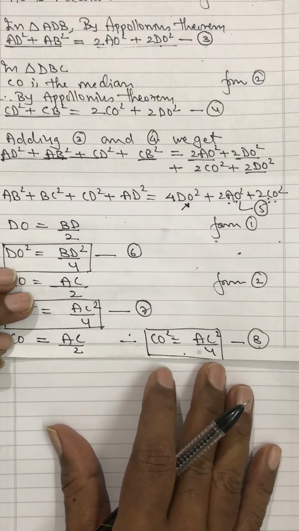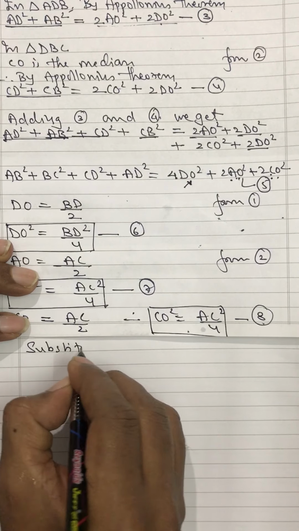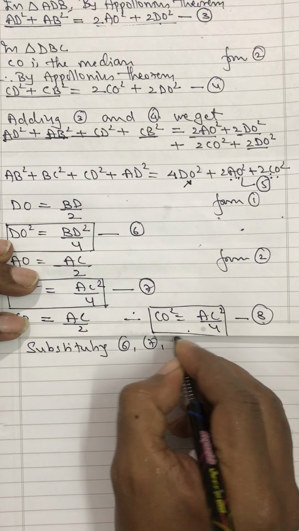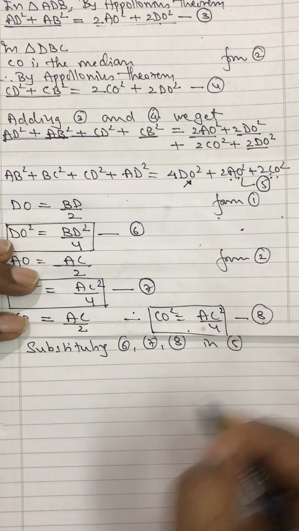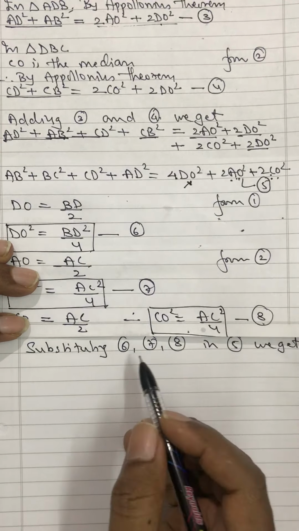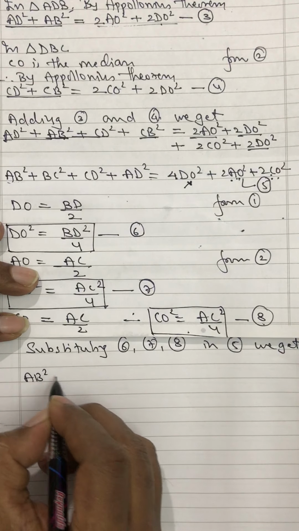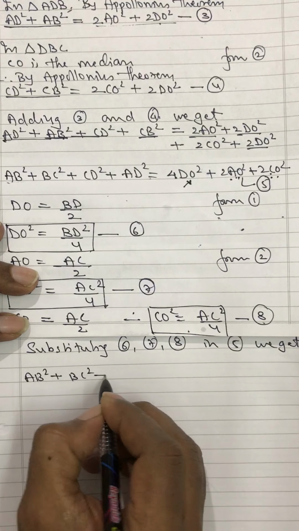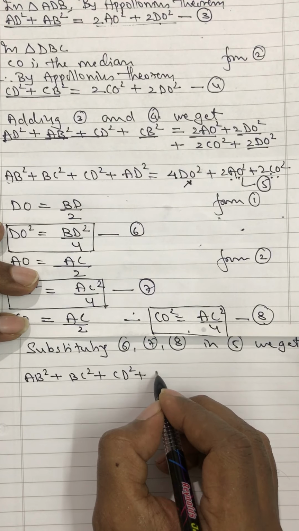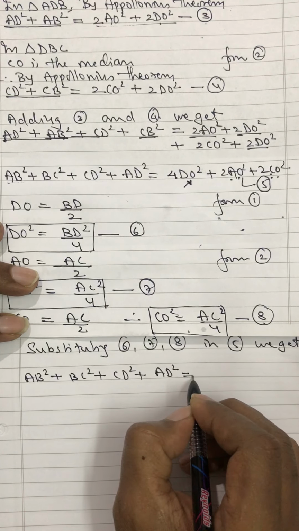We get, so these all will be written as it is: AB square plus BC square plus CD square plus AD square is equal to.